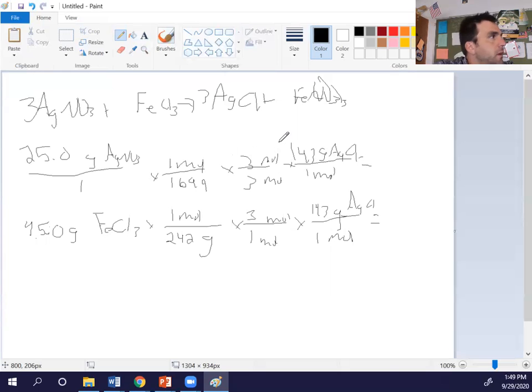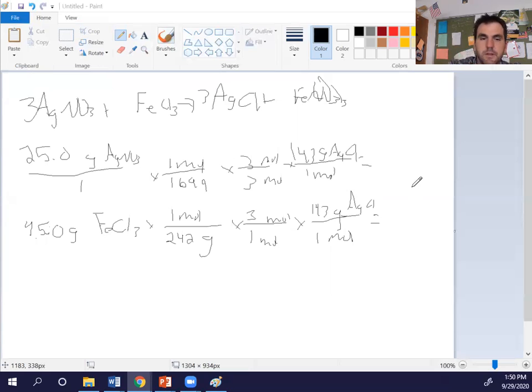Wait, what is that? 143 grams AgCl. Where did I find it? Zakiah found that molar mass for us. Grams, just 143 grams AgCl. So Zakiah, you solving the top one out for me? You did the bottom too? 146? 143. Ah, yeah. Okay.